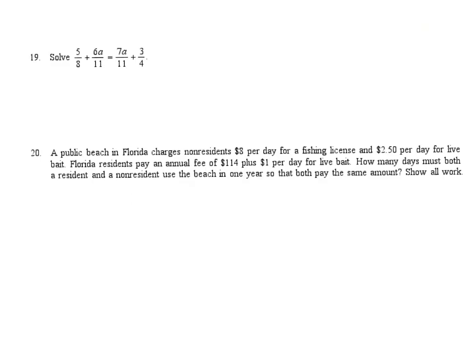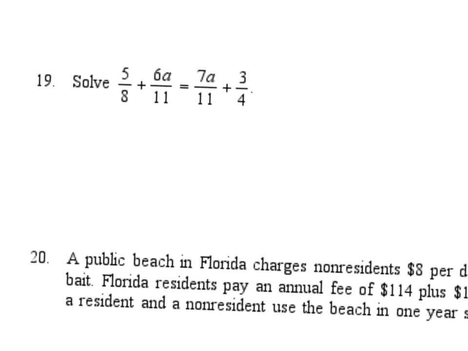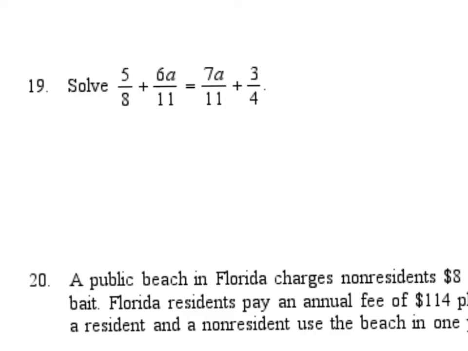Next. So I have some fractions again. I'm going to blow this up just a little bit. Since I have those fractions, I'm going to find the least common multiple. So my least common multiple of 8, 11, and 4.